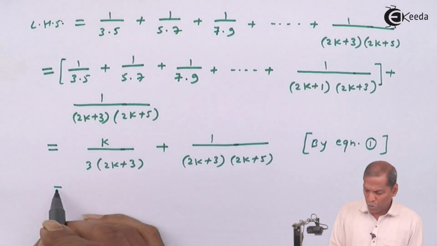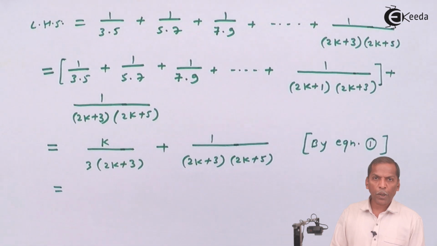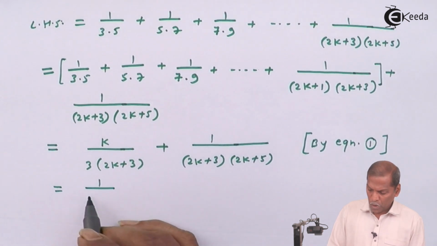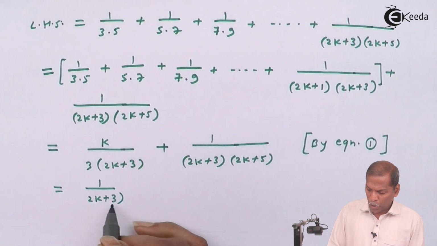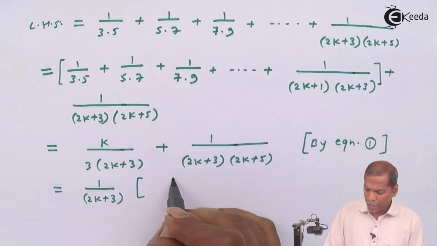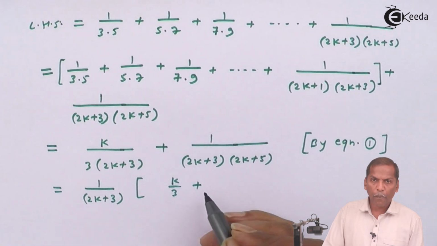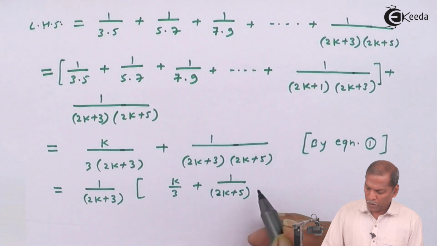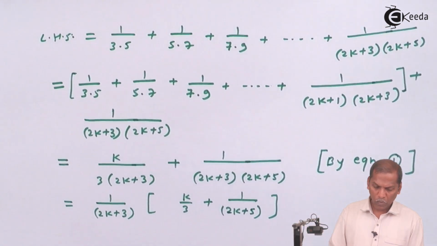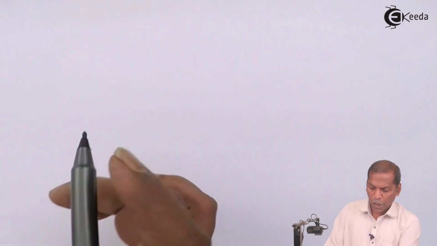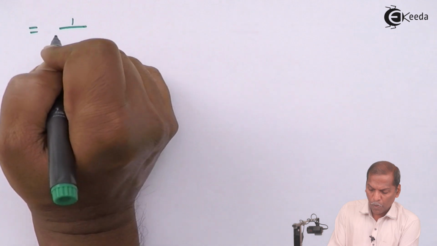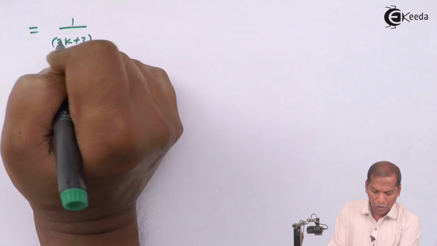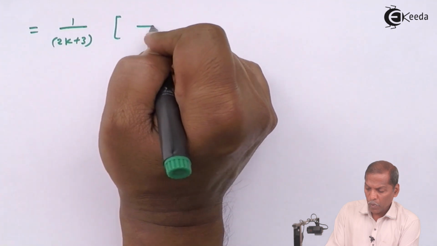Now here, if you observe, we get 1 upon (2k plus 3) common. So we have 1 upon (2k plus 3) in bracket, we write k by 3 plus 1 upon (2k plus 5). Now on further simplifying, we have 1 upon (2k plus 3) in bracket.